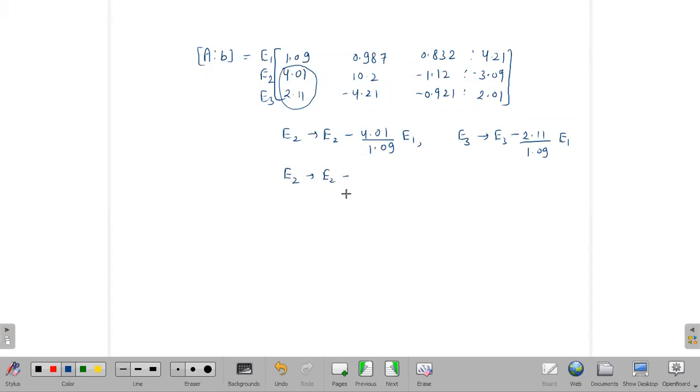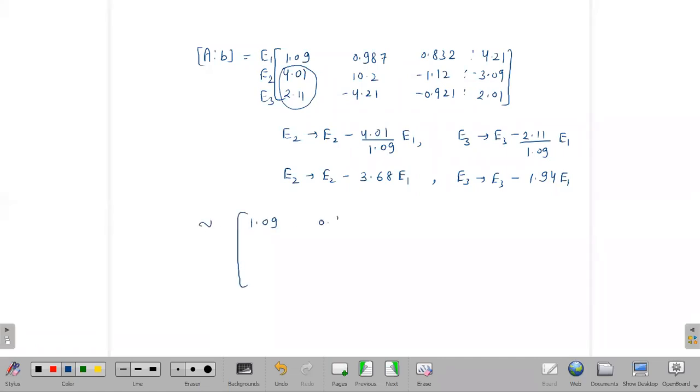You have to take 3-digit rounding. If you divide, it will be 3.68 E1, and E3 minus approximately 1.94 E1.